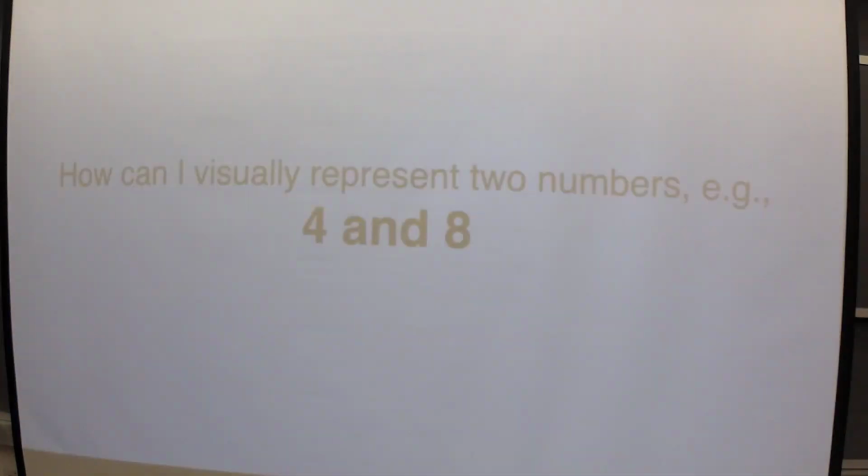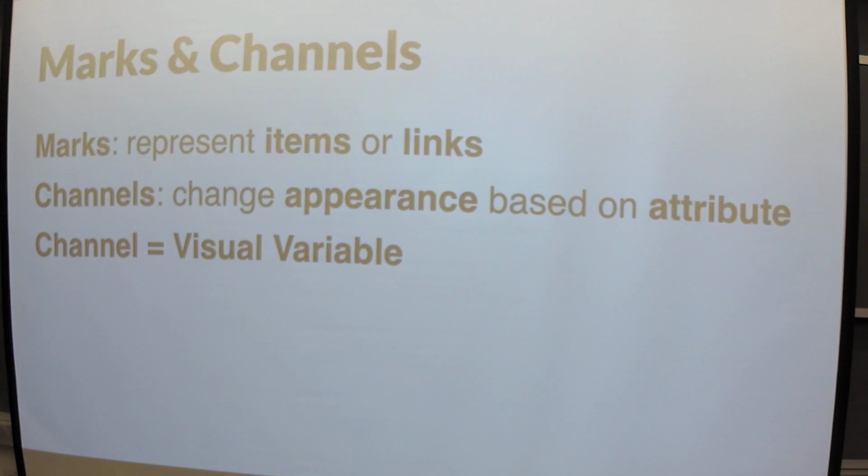For these different data types that we just talked about earlier, what are the different possible visual encodings? We call this either the visual variables or the marks and channels. So what do I mean by marks and channels? A mark is something that graphically represents items or links.